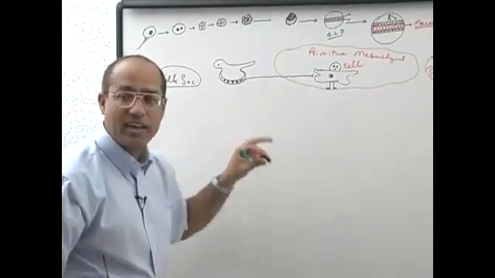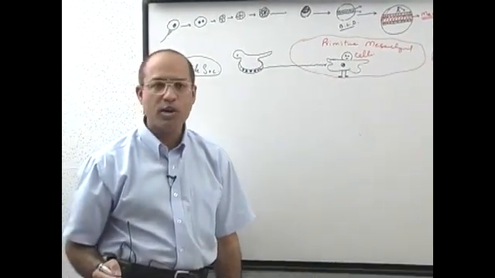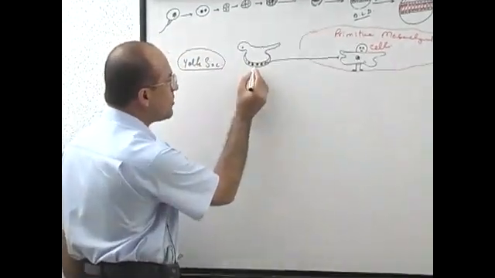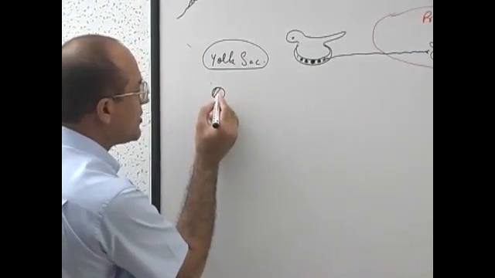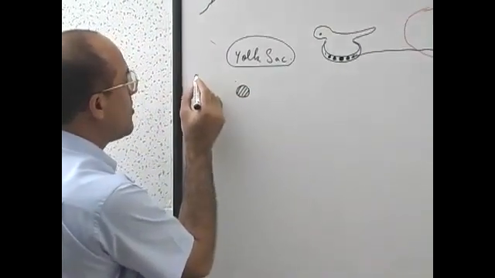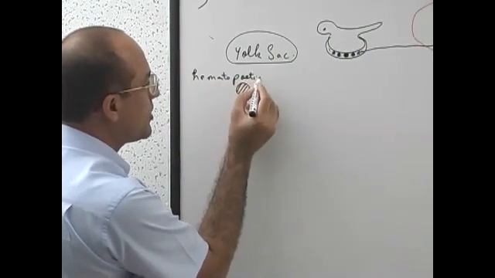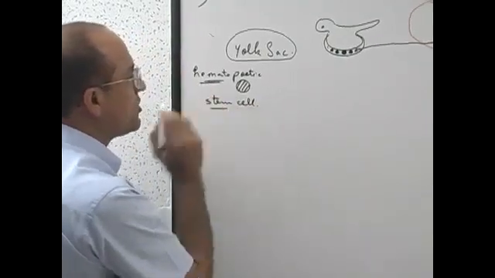In the yolk sac, they start producing stem cells for hematopoiesis. They convert into stem cells for hematopoiesis. I will draw this cell here. What is this cell? Hematopoietic stem cell. Let me tell you what is hematopoiesis.